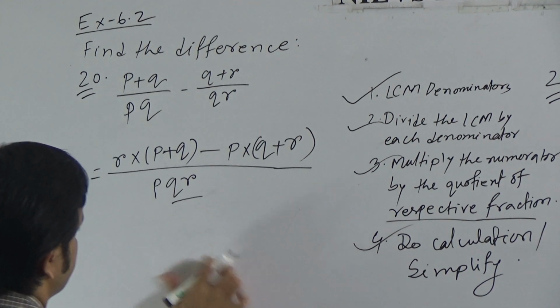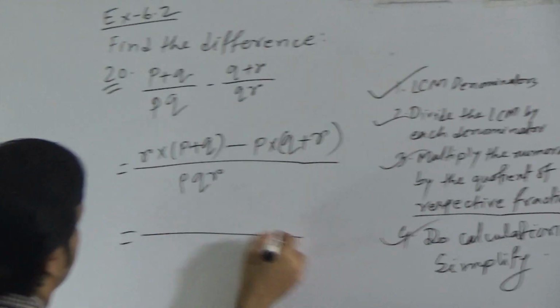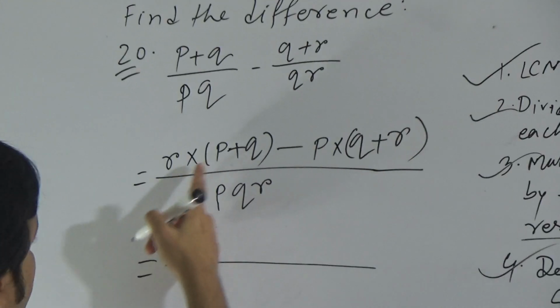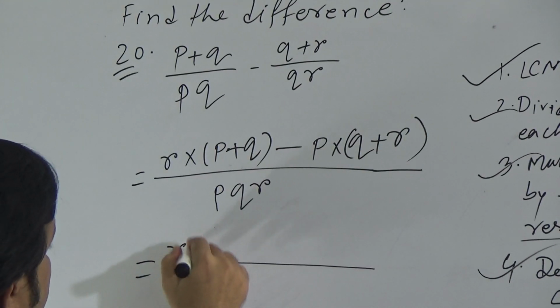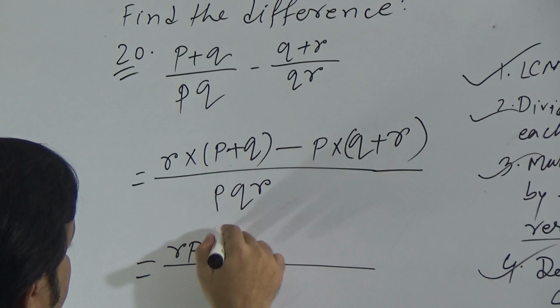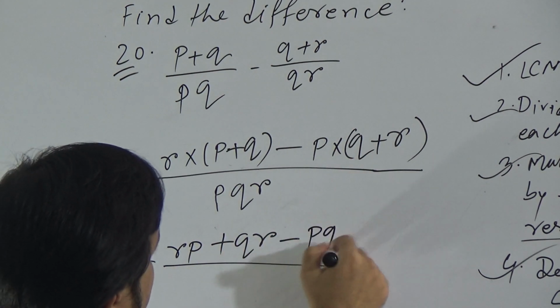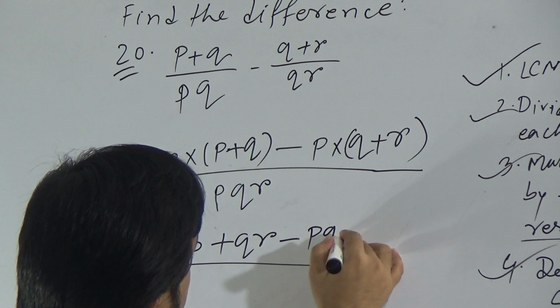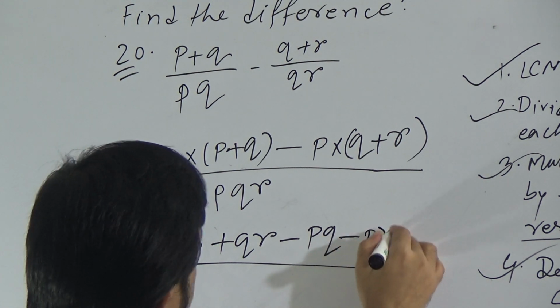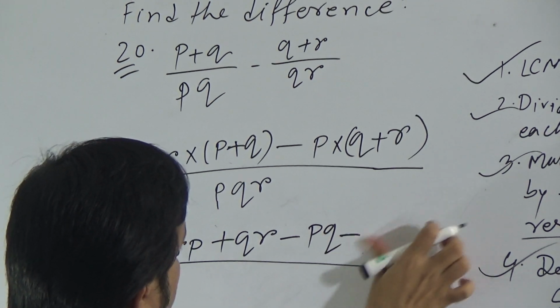Now we can write here, multiply these two, we will get RP plus QR minus PQ minus PR or RP.